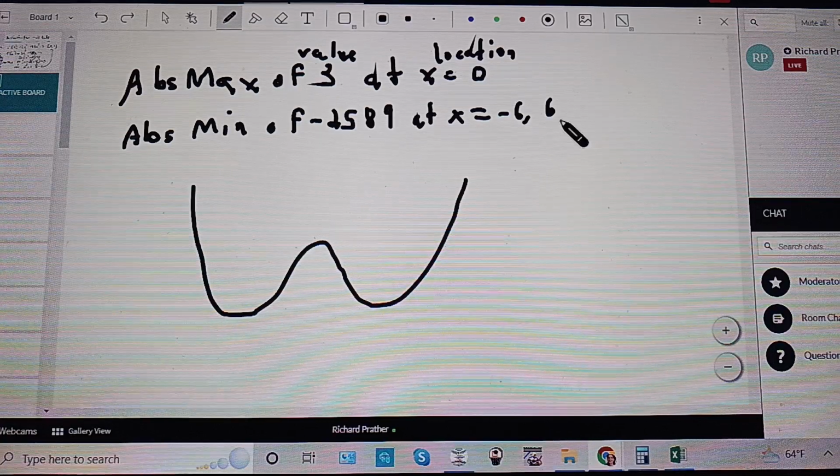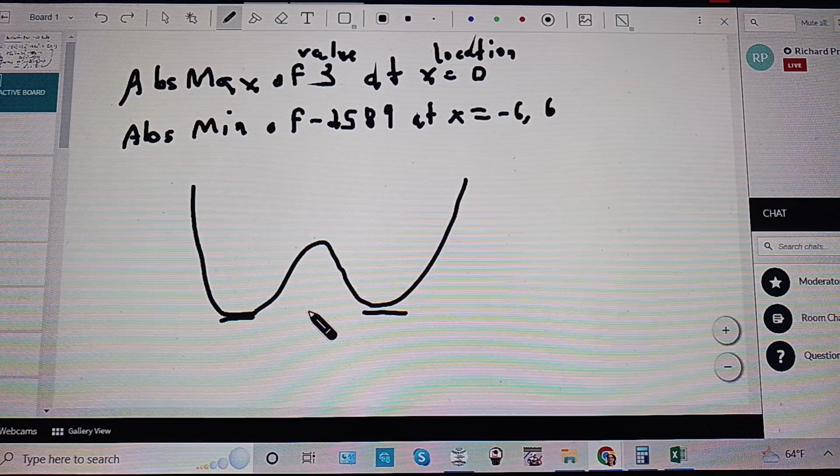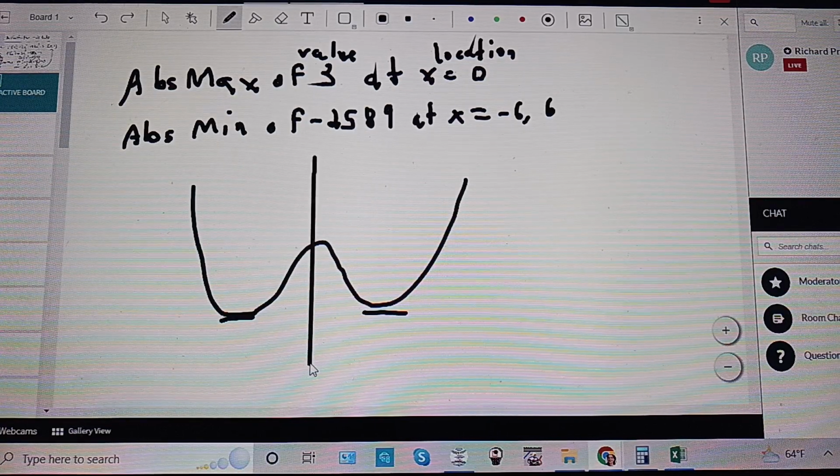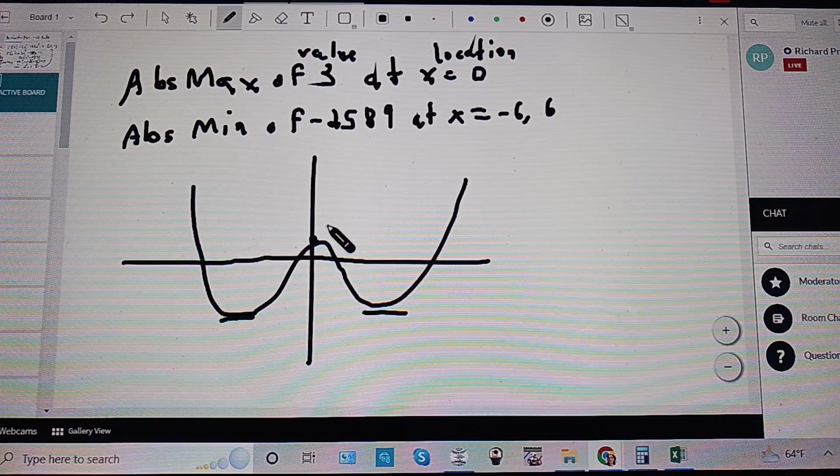And since there's a tie here, both of these are going to the same height. The x-axis would be in the middle, the y-axis would be slightly like that. So this would be a relative maximum, but it turns out to be the absolute maximum in the range. So this is the coordinate 0, 3.